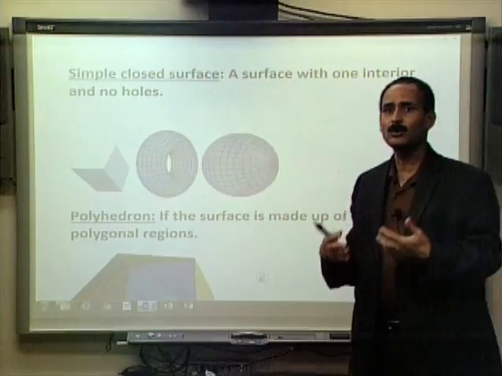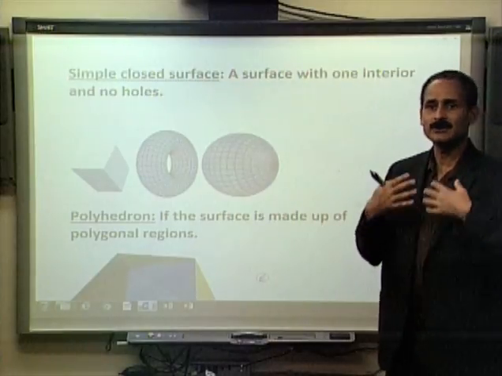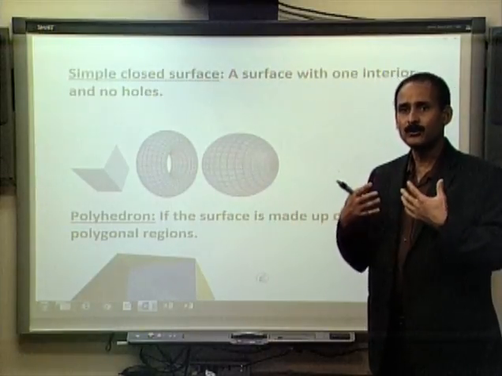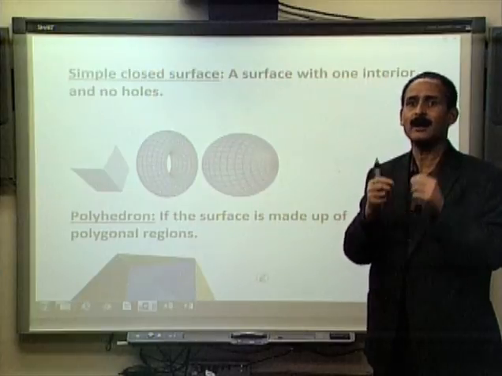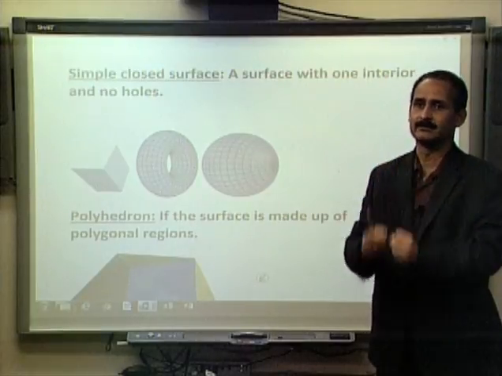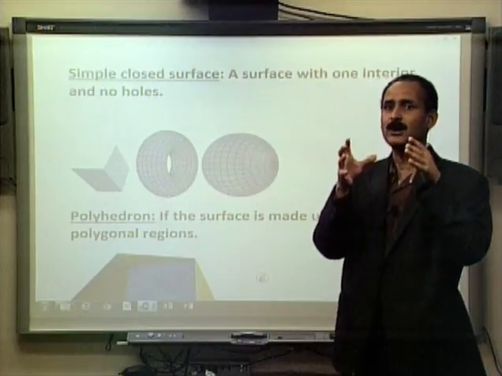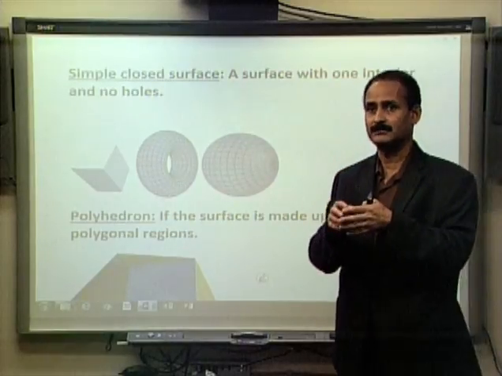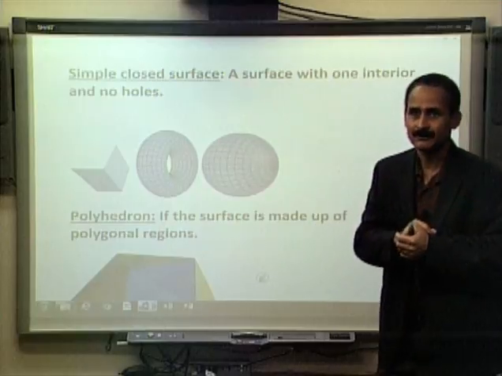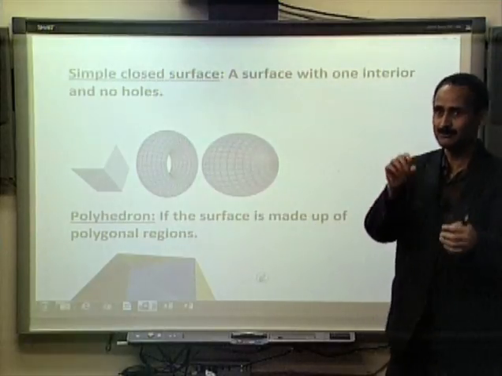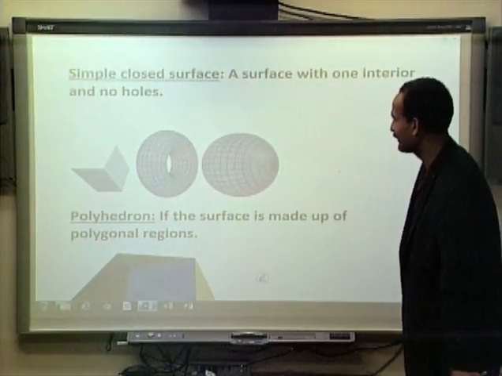By simple closed surface, we mean a surface with one interior and no hole in it. For example, a soccer ball is a simple closed surface, well, without the hole.